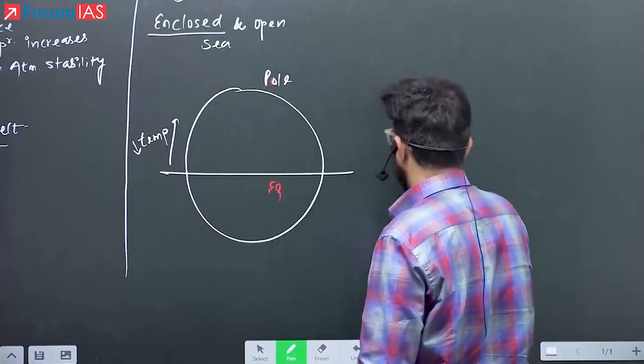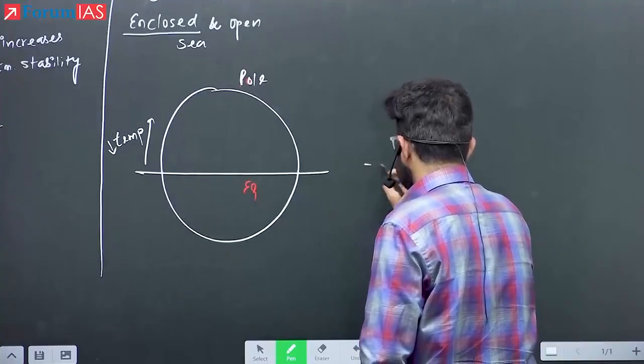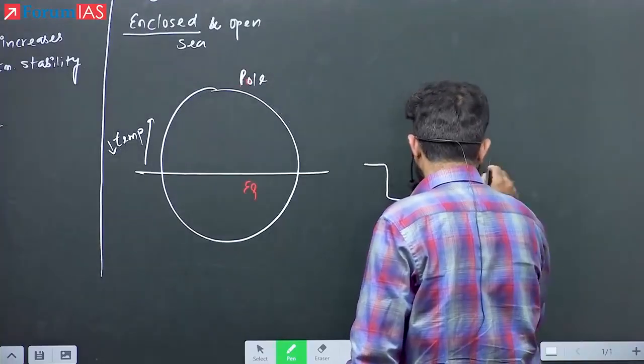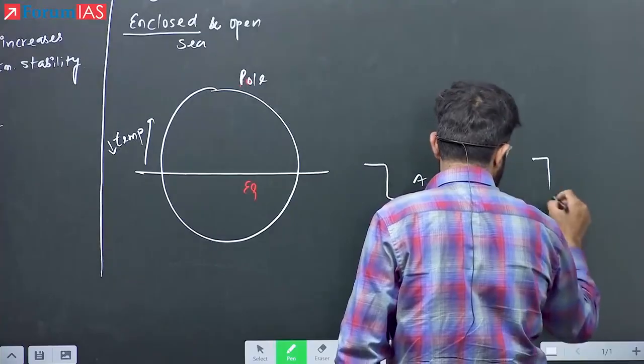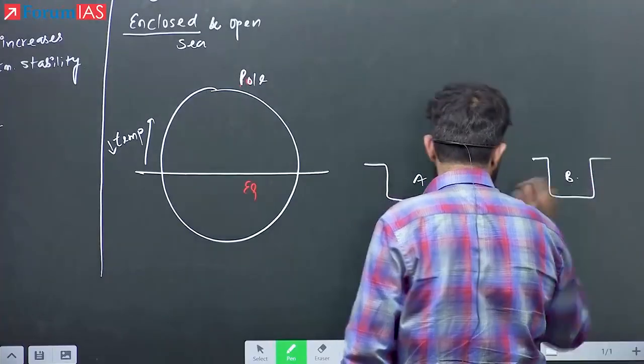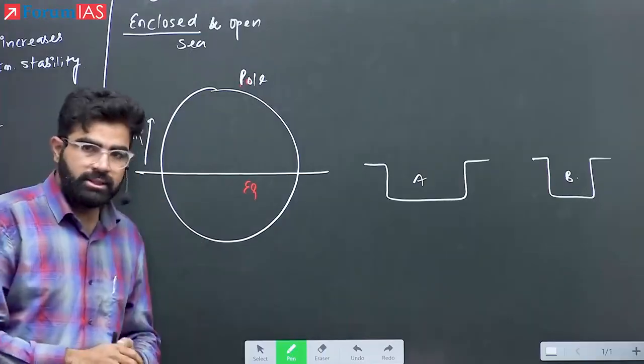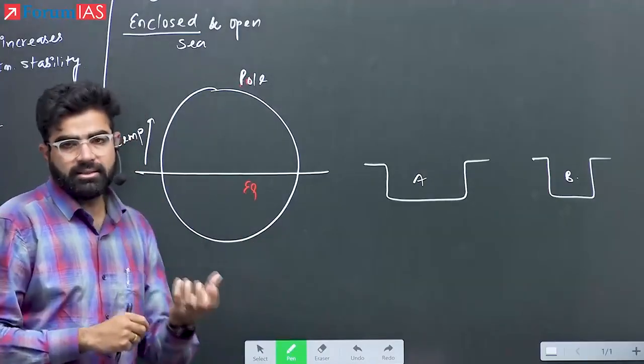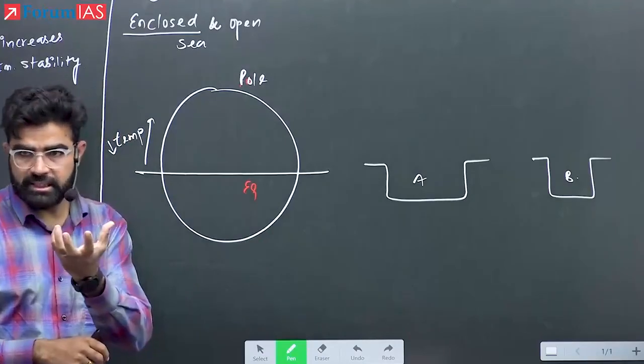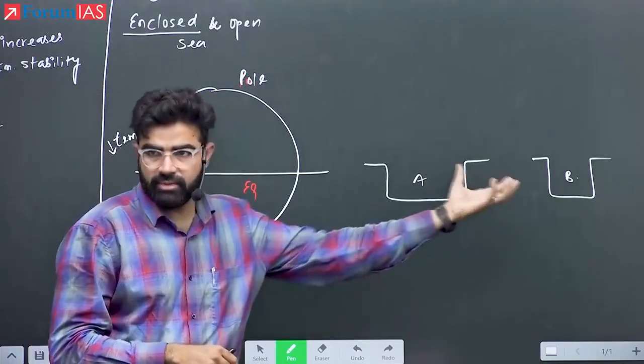Now, with this example you will be able to understand, otherwise it is difficult. Let's say we have two water bodies, one is A, the second is B. Obviously A has more volume of water. You can consider a bowl-like structure. There are two bowls, one is A, one is B.